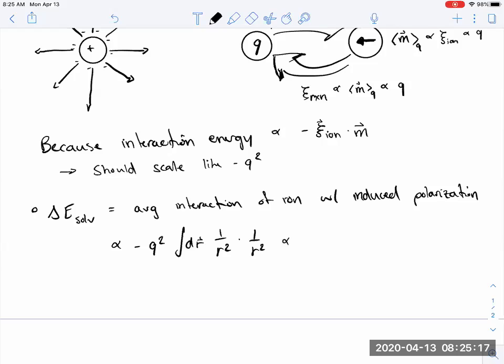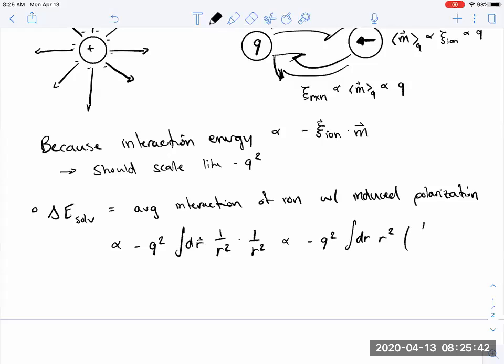This is going to be then proportional to minus q squared, an integral over just the magnitude of r times its Jacobian for r squared, having integrated out those angular parts of the spherical coordinates would give us some factor that we can include in that constant of proportionality.